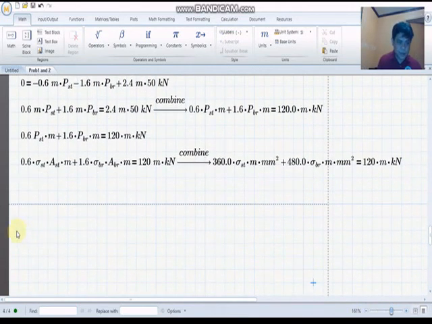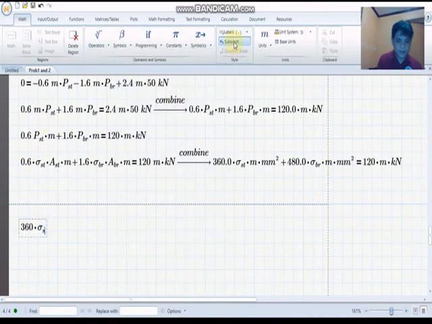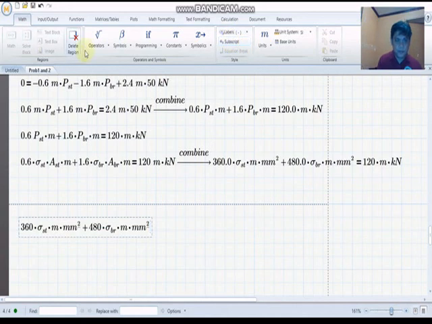So now the equation is equivalent to 360 times stress in steel times mm squared plus 480 times stress in the bronze times N times mm squared equals to 120 meters times kN.